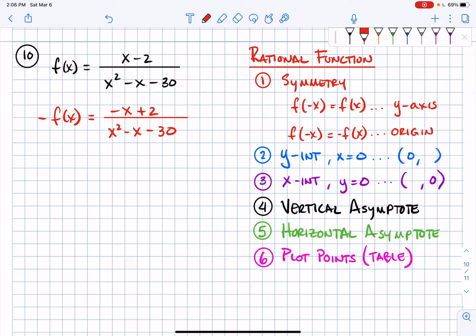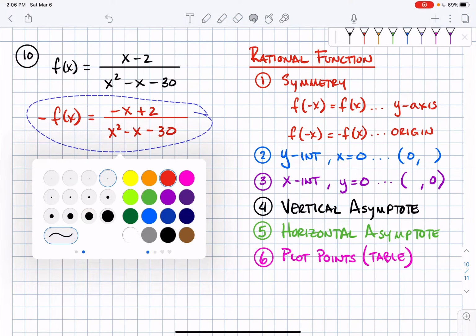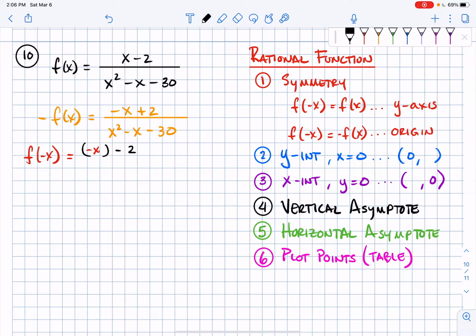So now what I gotta find, you know what I should have done? Let's make this a different color, like orange. There we go. All right. So first step is that I gotta find f of negative x. Well, that's gonna be negative x minus 2 over negative x squared minus negative x minus 30.